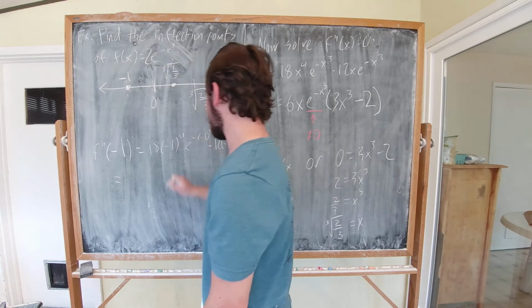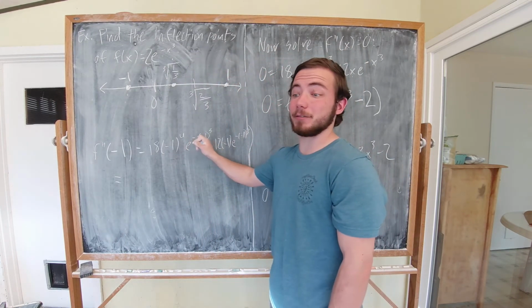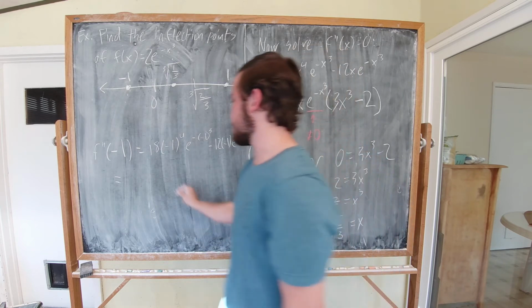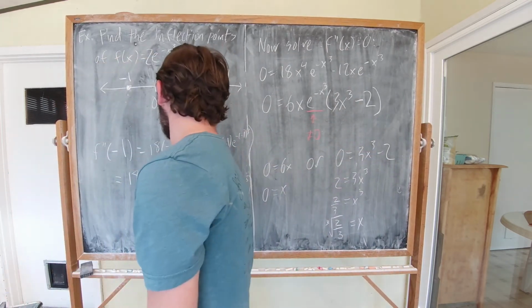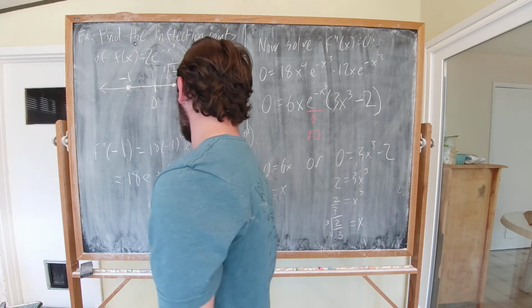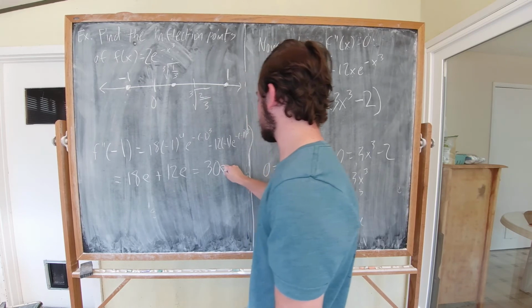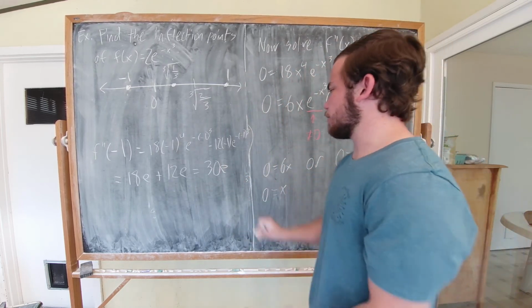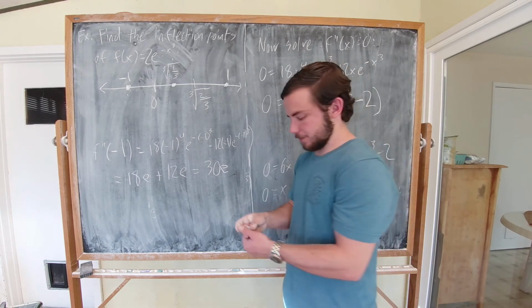That's equal to 18. -1 cubed is -1. -1 to the 4th is just 1. So we're going to be left with 18e plus 12e. So you're going to be left over with 30e, which is a positive number.